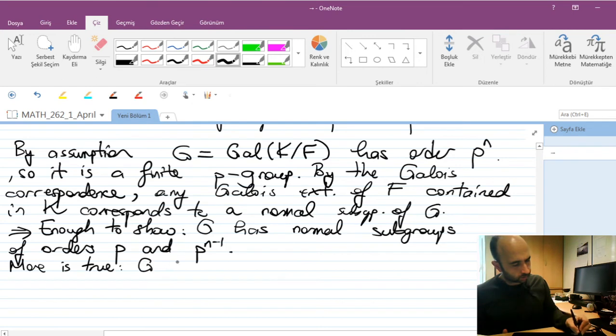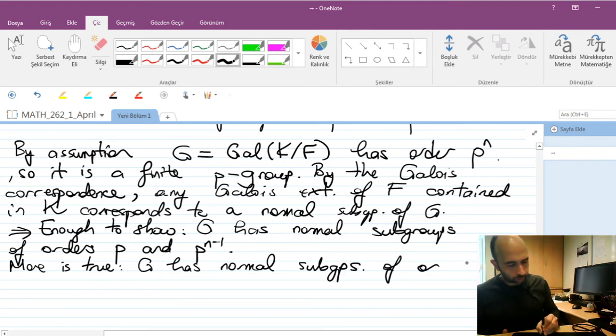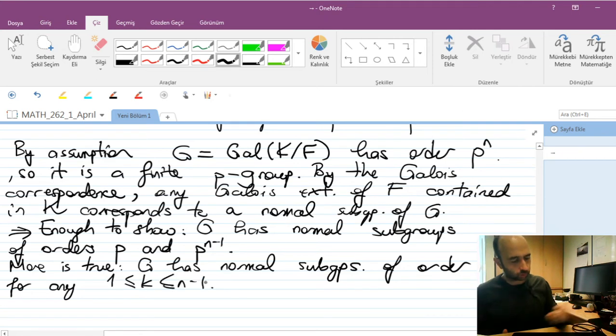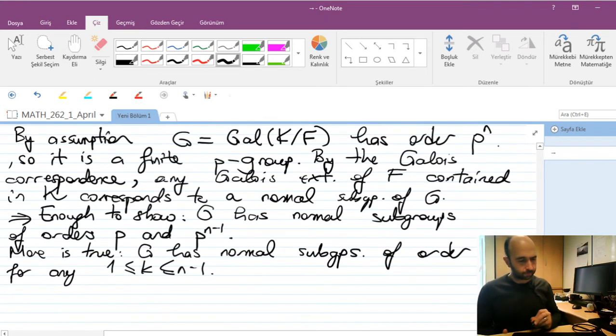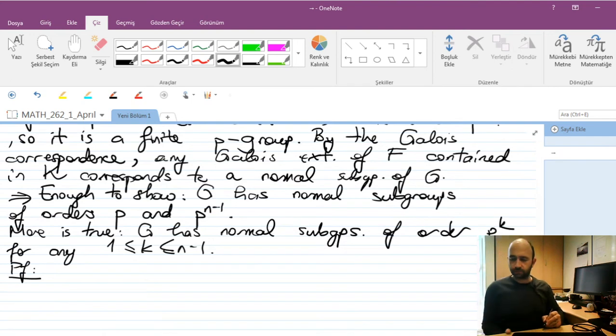G has normal subgroups of order p to the k for any k between 1 and n minus 1, so all the intermediate orders as well. Let's prove this. First step for proving this is to show that the center of the p-group is non-trivial.